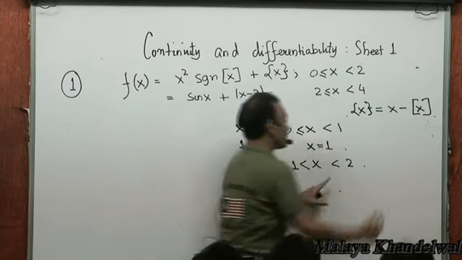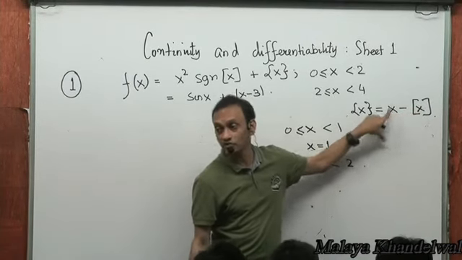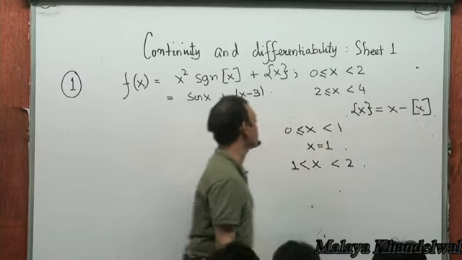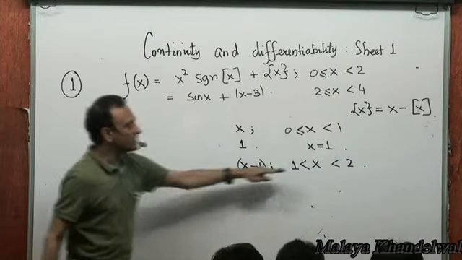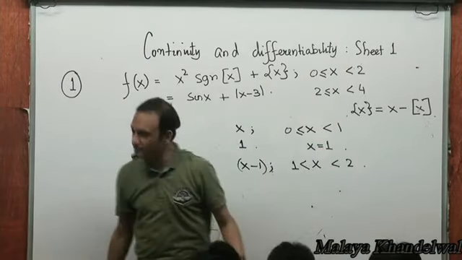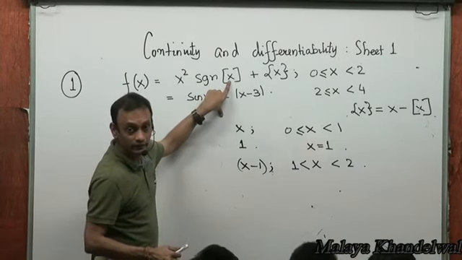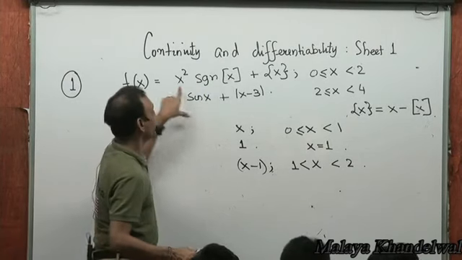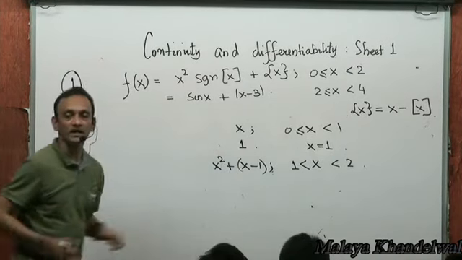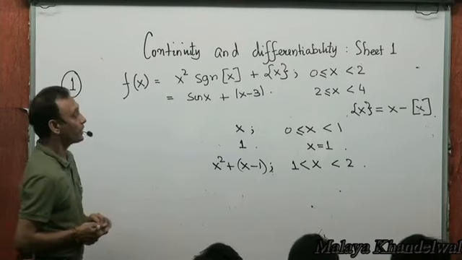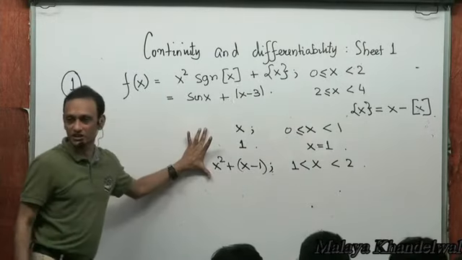When x lies in the interval 1 to 2, box x is 1, so fractional part of x will become x minus 1. Box x will be 1, signum 1 would be 1, and this will be x squared. Clear? So this interval is broken down into sub-intervals and simpler functions.